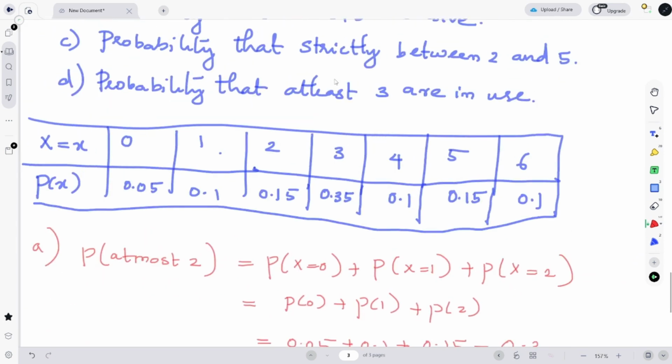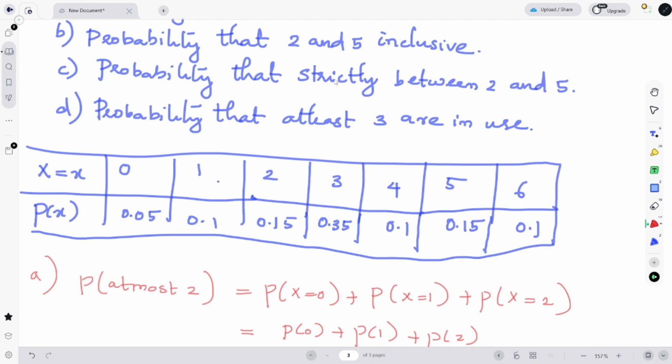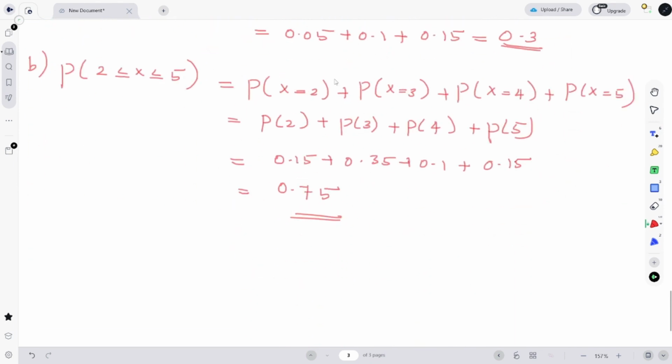Okay. Now third question, probability that it is strictly between 2 and 5. Strictly between 2 and 5 means P of 2 less than x less than 5. That is, 2 and 5 are not included.